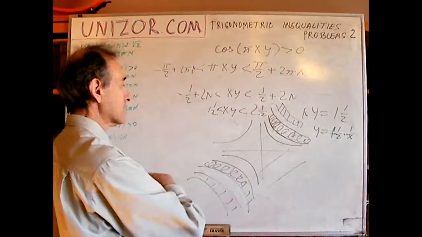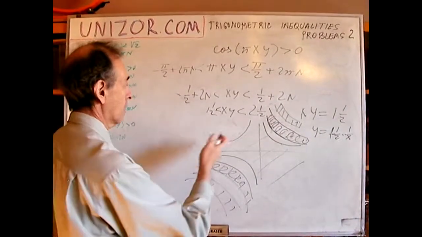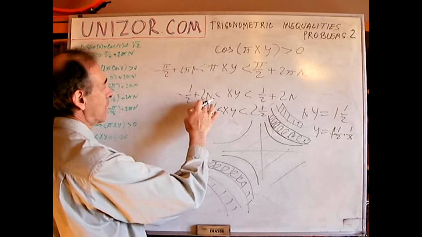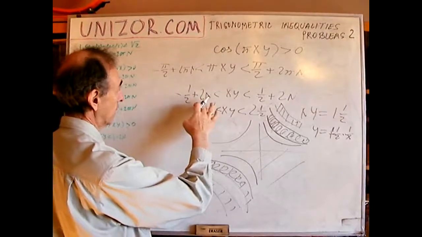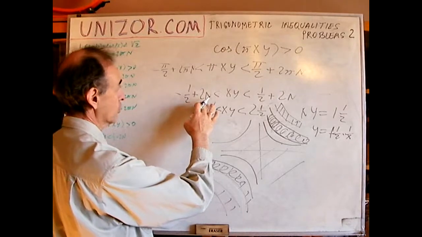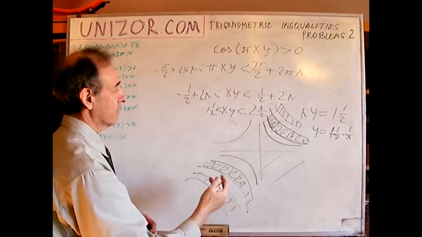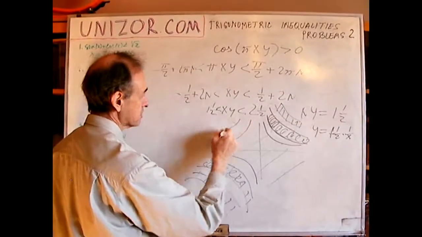Now, with a negative n, let's say -1, what would it be? Minus 2.5 and -1.5. Well, obviously, it would be stripes on this side.